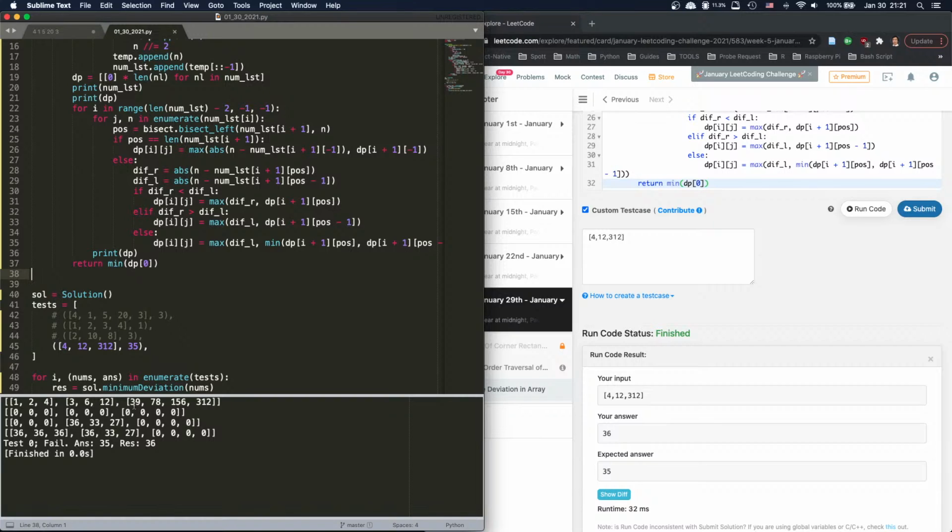So what we want is the difference, and we want the difference to be the smallest. Meaning this node has value 2, and this node and this node have values too, so they can all connect.